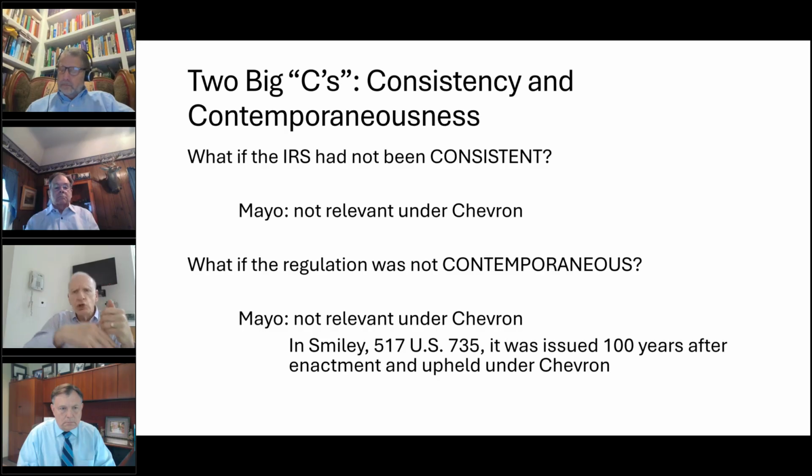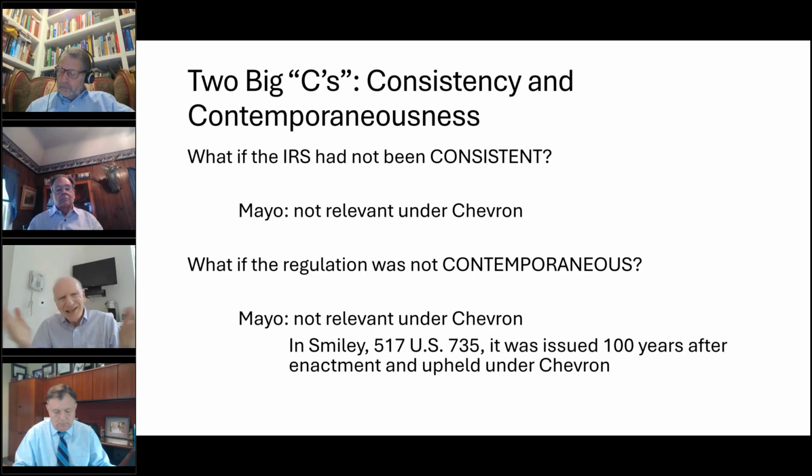Then they flipped and they issued a new regulation and took the opposite approach. And the court in Mayo said it's a valid regulation because inconsistency under Chevron was irrelevant. So the fact that the agency read it one way day one and a different way day two did not cut against the regulation. Inconsistency was just not a problem, and that's pretty amazing.